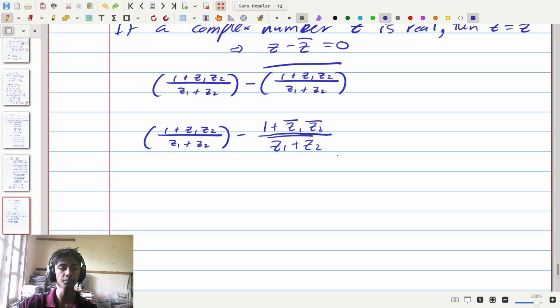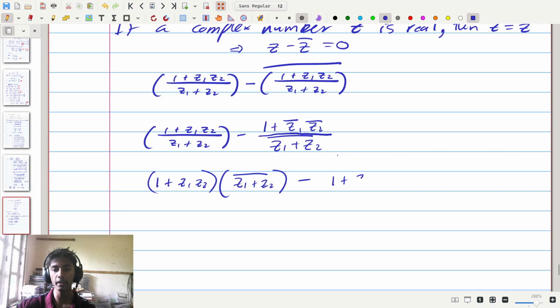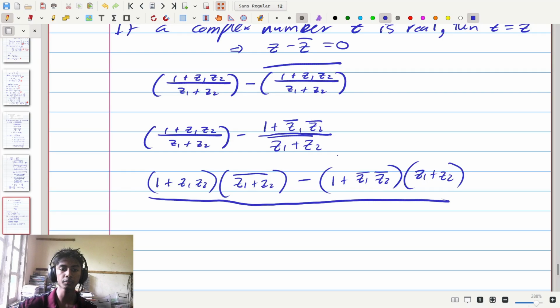So doing so, we can see we get 1 plus z1 z2 times the denominator, which is z1 plus z2 conjugate, minus this bit, which is 1 plus z1 conjugate times z2 conjugate multiplied by this one's denominator of z1 plus z2, and everything is divided by the final value on the bottom, which is z1 plus z2 times z1 plus z2 whole thing conjugate.